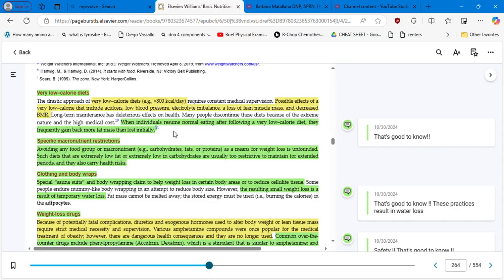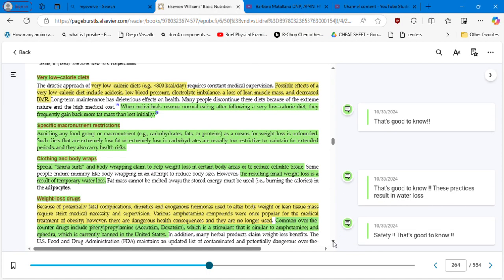When individuals resume normal eating after following a very low caloric diet, they frequently gain back more fat than lost initially. So they get into the yo-yo, right? You lose a lot of weight and then you go back again and you gain more weight.